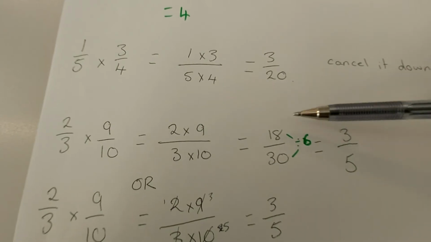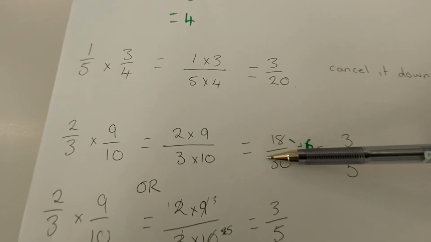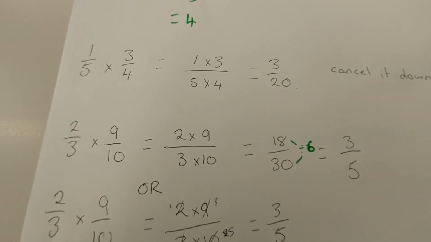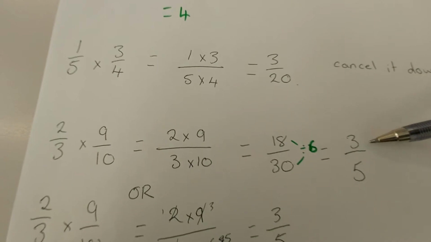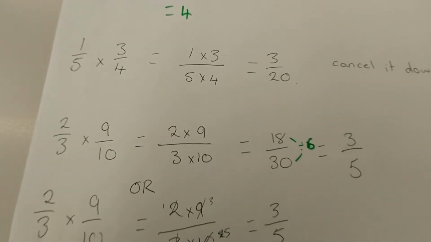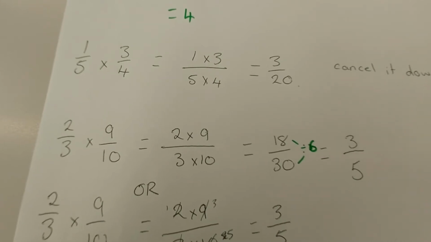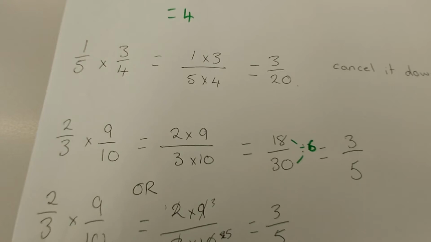If I cut out a pizza into 30 equal sized pieces, they're going to be super skinny, but 18 of them is going to take up exactly the same size as 3 pieces if I'd only cut into 5 equal pieces. And that's what we needed you to understand with your fraction walls that we looked at last lesson.